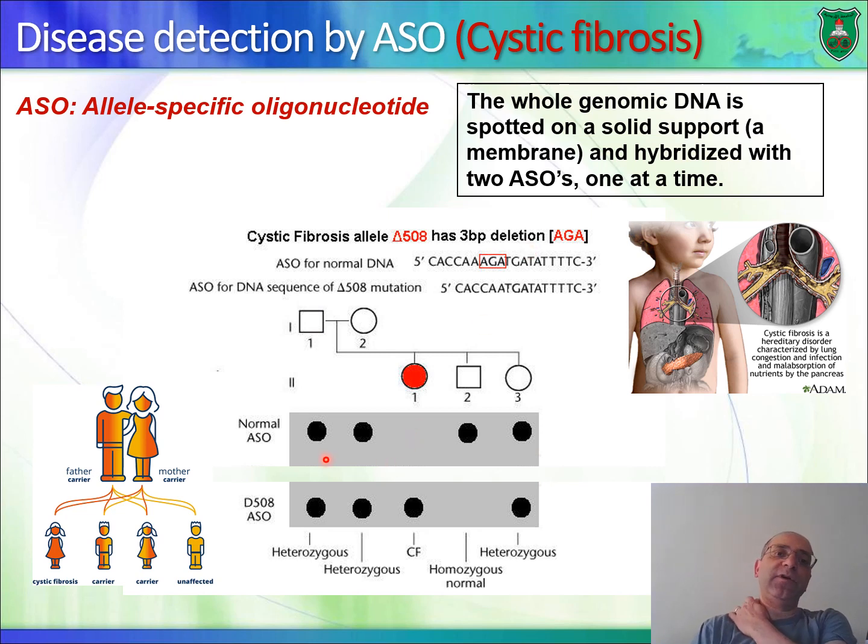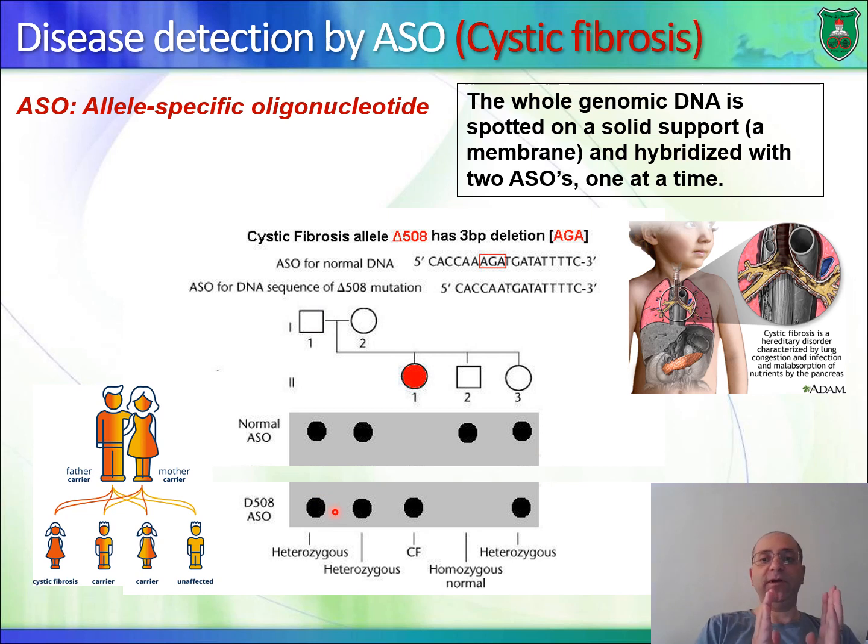Now, whenever you see black, it means there is a signal, because we have the probe labeled with a fluorescent tag. When it's added to the membrane, if it binds to the DNA, the spot would emit a signal. Notice here that for the father's DNA, a signal is emitted from both spots, meaning that the father has a normal allele and has the allele with the deletion.